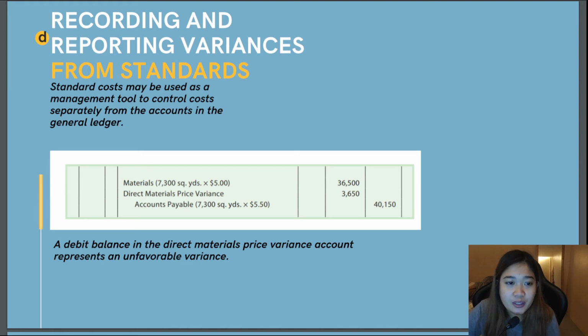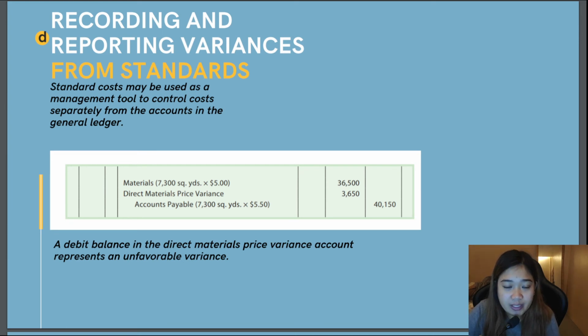The materials account is debited for the actual quantity purchased at the standard price, 36,500. Accounts payable is credited for the 40,150 actual cost and the amount due to the supplier. The difference of 3,650 is the unfavorable direct material price variance, which we compute as 5.50 minus $5 times 7,300 square yards.